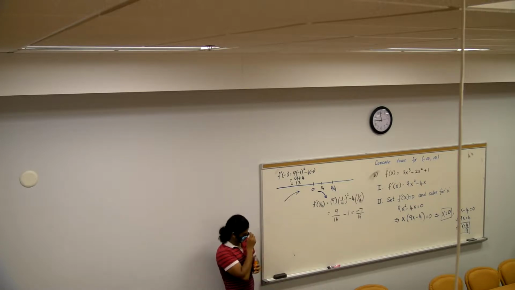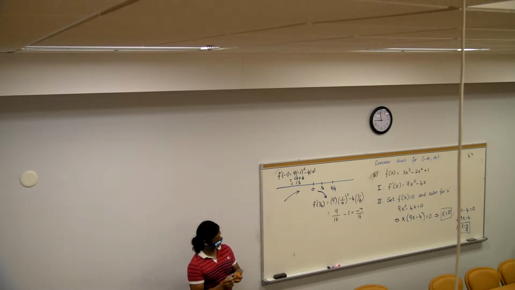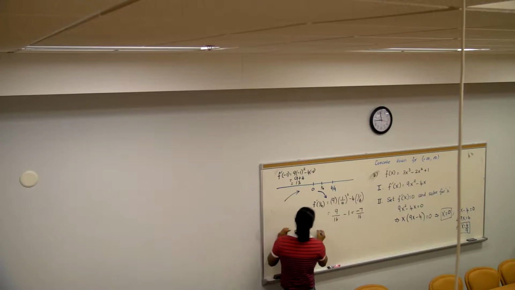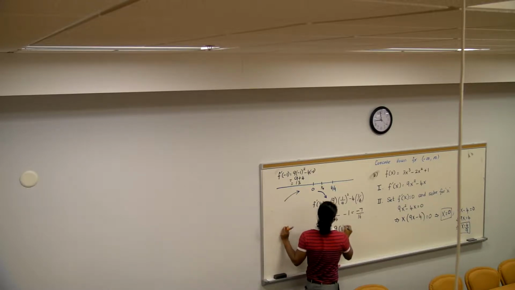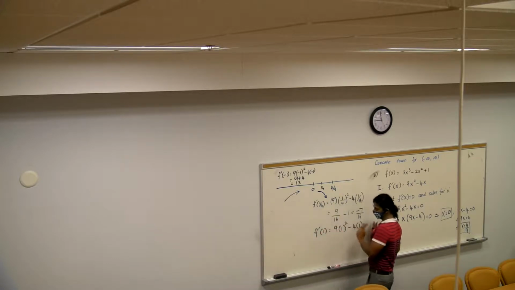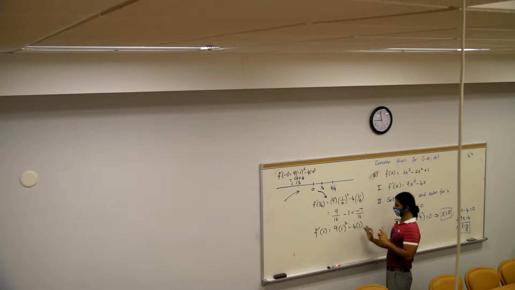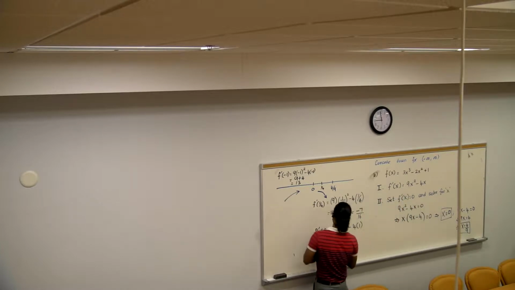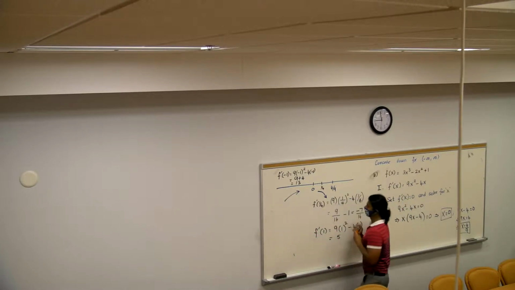Easy number, bigger than 4/9: 1. Nine times 1 squared minus 4, which is 9 minus 4, 5, which is positive.